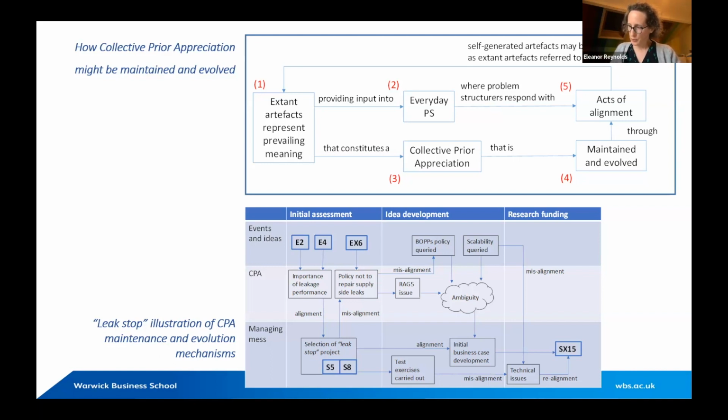The final point I wanted to make on this slide was in relation to this leak stop analysis, that there was quite a lot of ambiguity there. So again, is that ambiguity good or bad? There were these issues that when I was observing dialogue, they were just sidelined and not discussed.